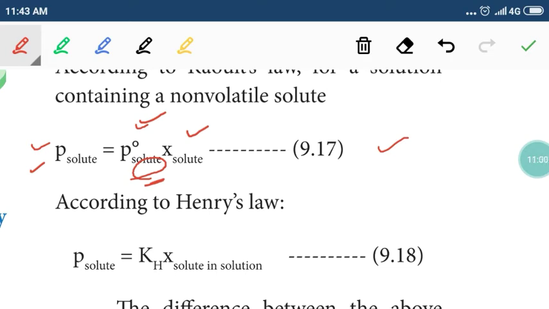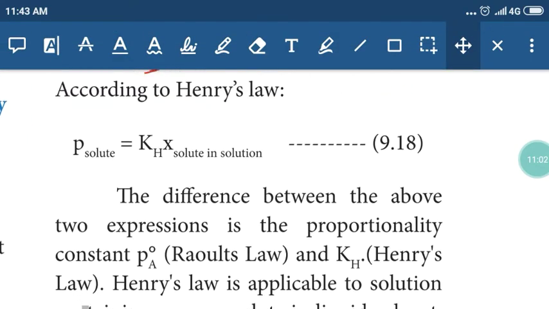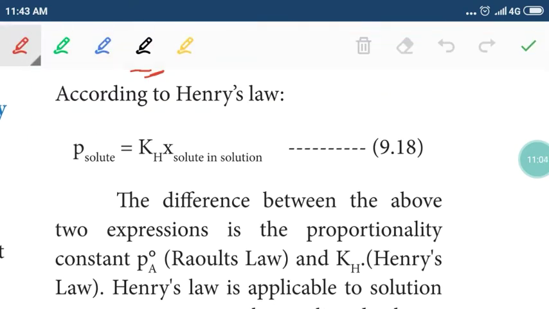Then Henry's law. What is the equation we studied in Henry's law? Vapor pressure of solution, or partial pressure of solute, is equal to the product of the proportionality constant and the mole fraction of solute. So this is the equation obtained in Henry's law. Okay.